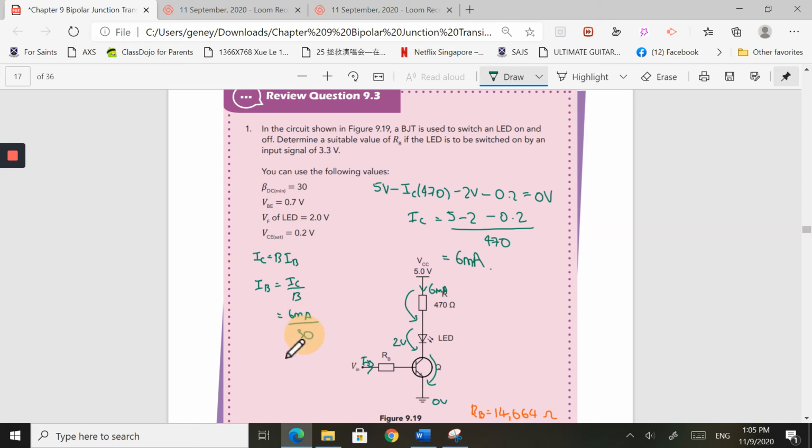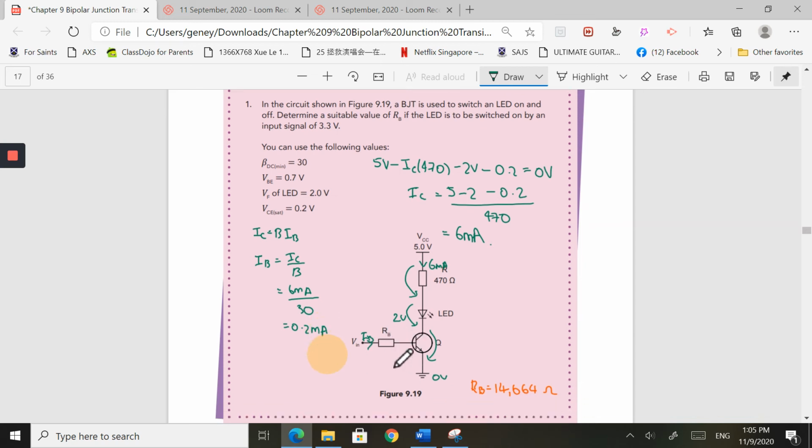Okay, so 6 divided by 30 is 0.2 milliamps. Okay, so now I've got the current flowing into the base.